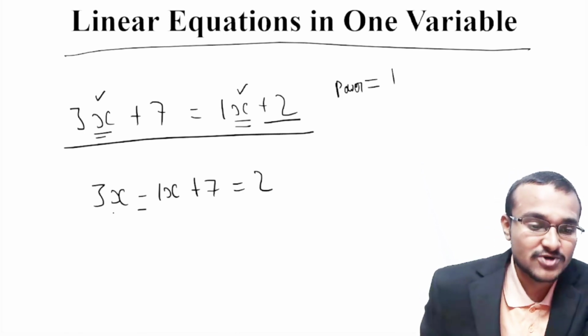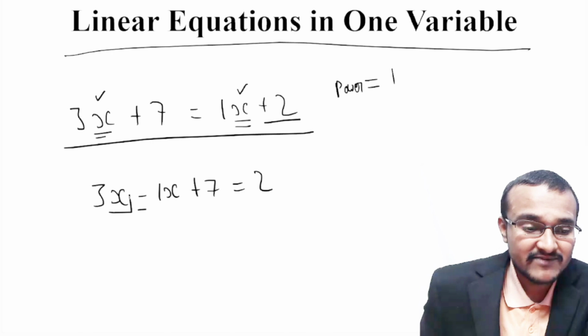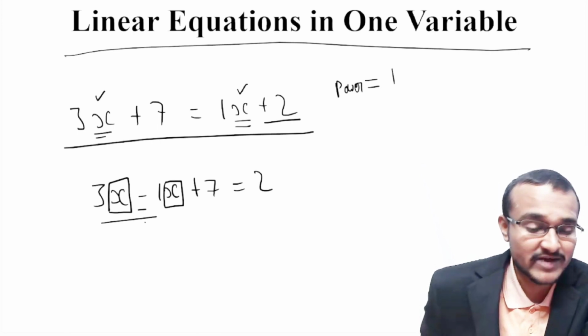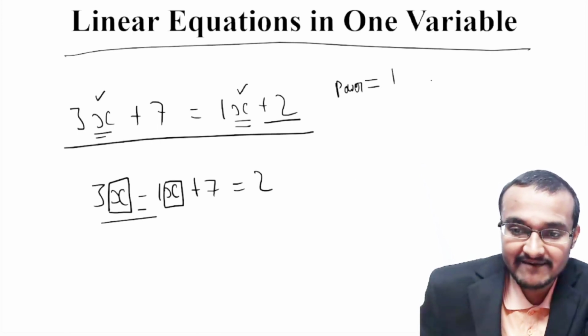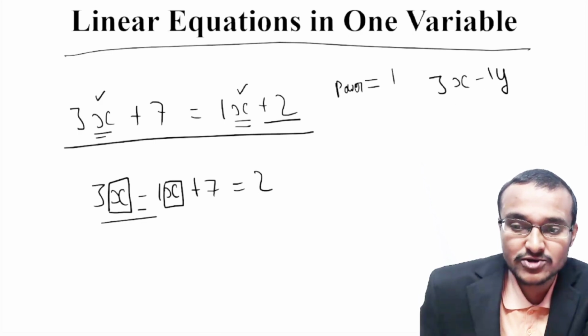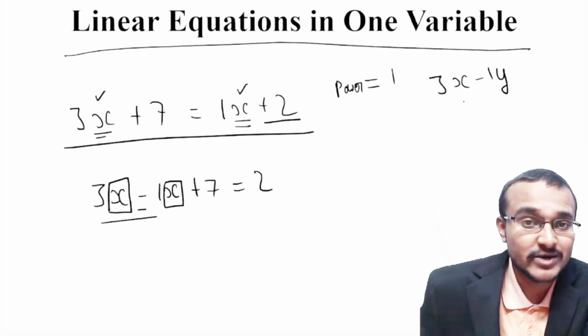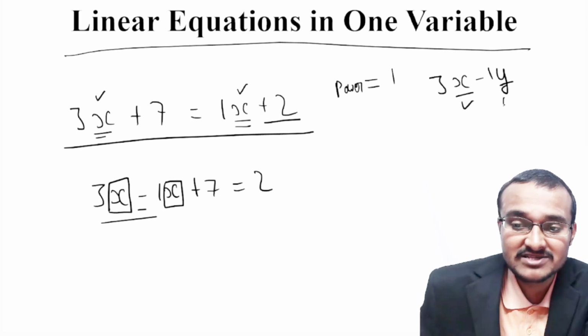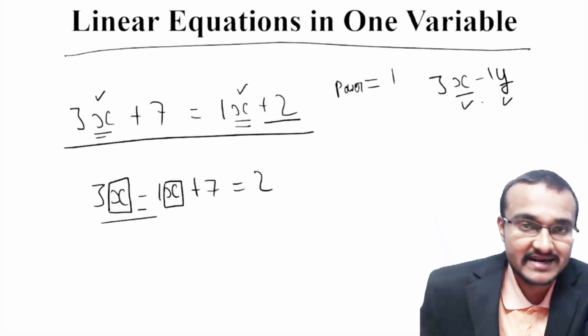Now you can actually solve this. Only when the variables are the same for both terms can you add or subtract those two values. Because if you have 3x minus 1y, then you cannot do 3 minus 1. You cannot say 2xy. No, it is wrong, because here the variables are different. When variables are different, you cannot do subtraction or addition.